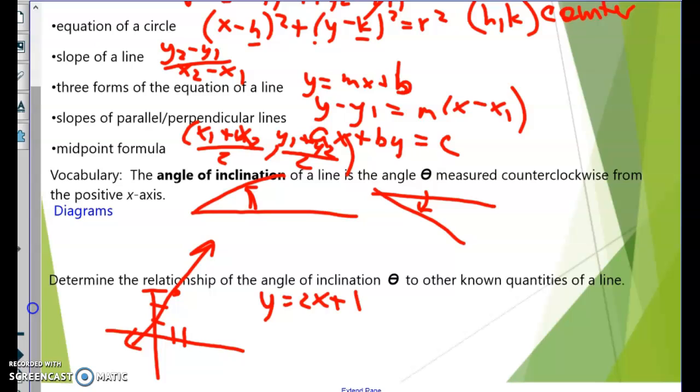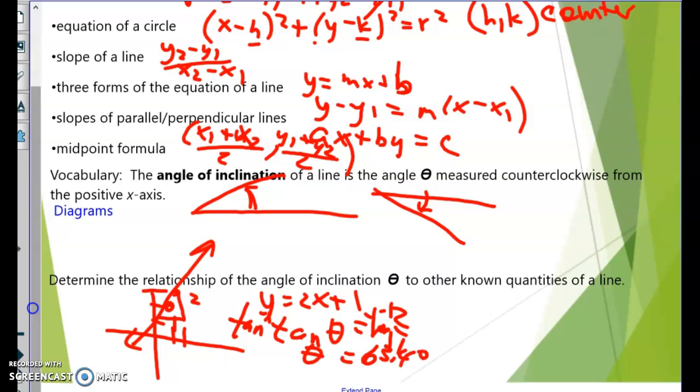Well, since our slope is 2, our run is 1, so I'm going to say the tangent of theta is equal to 2 over 1. And if I do the inverse tangent of each one, I get a theta of 63.4. So my angle of inclination of the line y equals 2x plus 1 is 63.4 degrees.